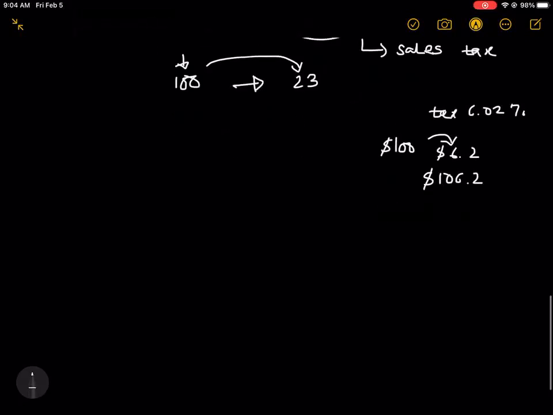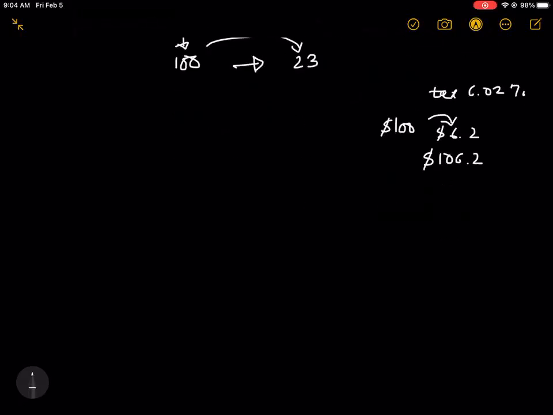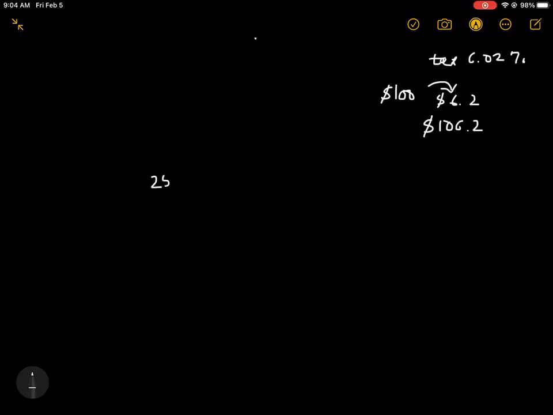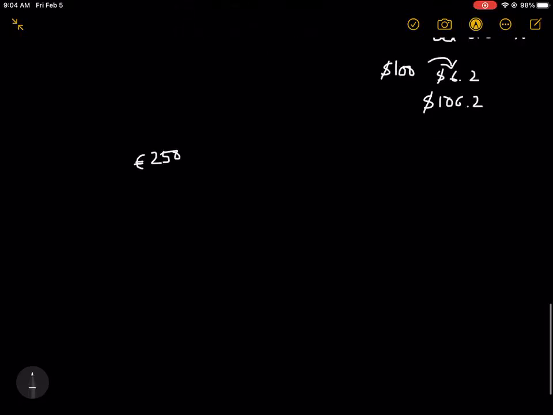All right, so now someone has bought a product of 250 euros, and we want to find what's the amount he needs to pay as VAT. Now, how should we do that?